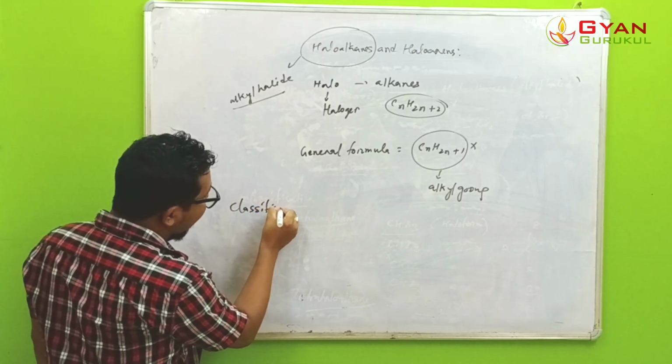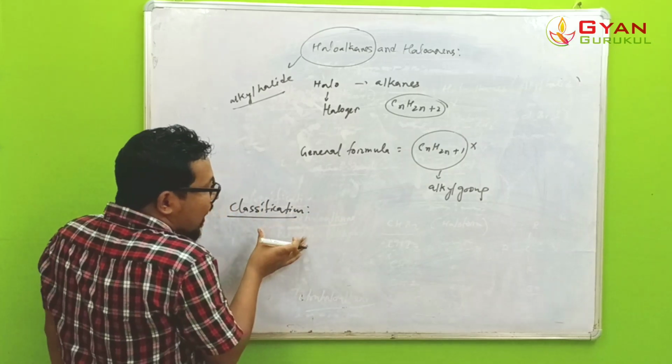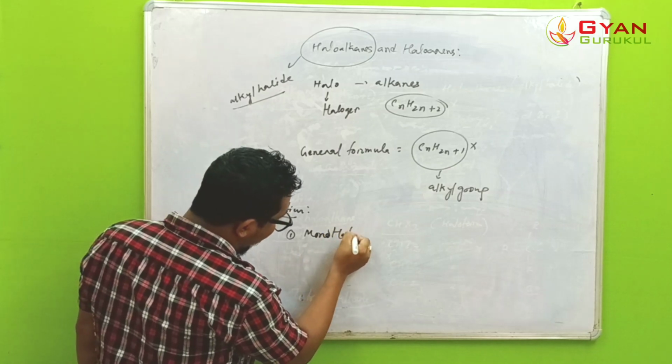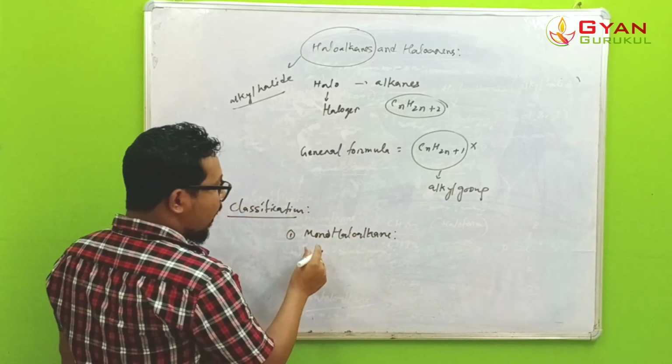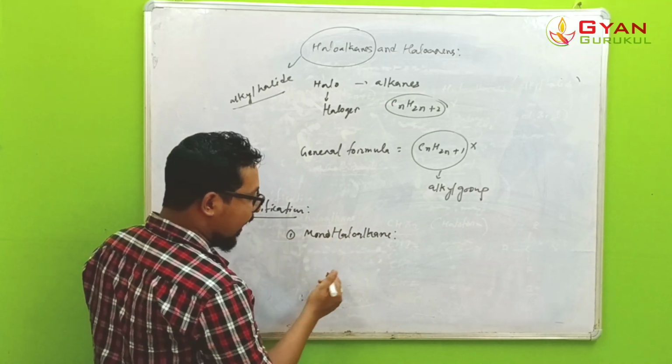Now we'll discuss the classification of haloalkanes. How can we classify the haloalkanes? First, this is monohaloalkane. Monohaloalkanes are haloalkanes or alkyl halides containing only one halogen atom.